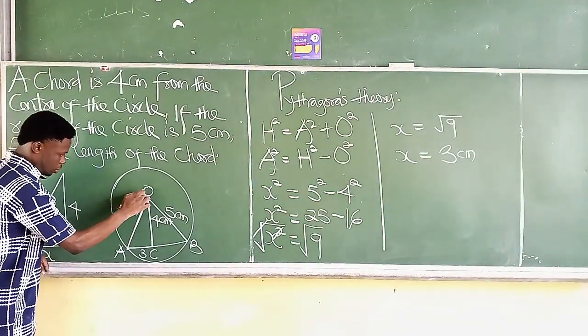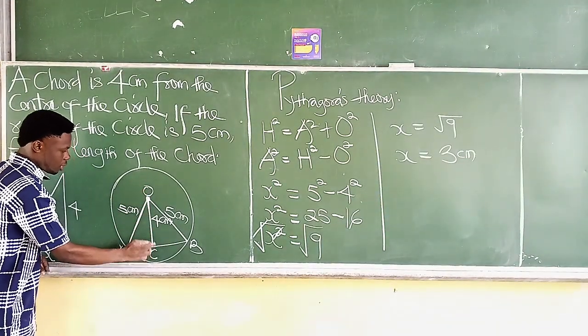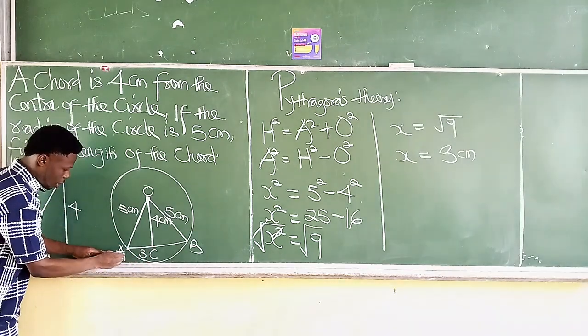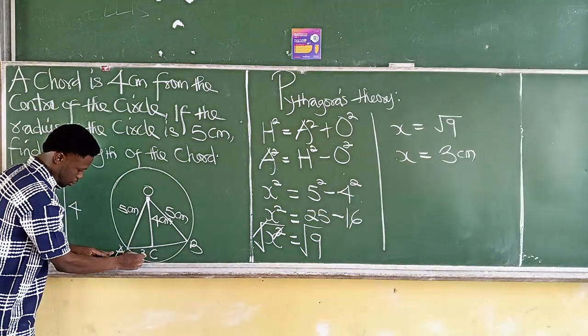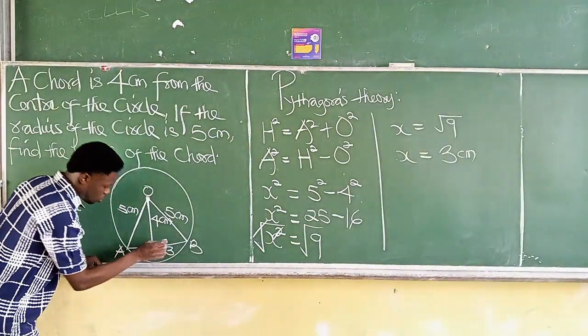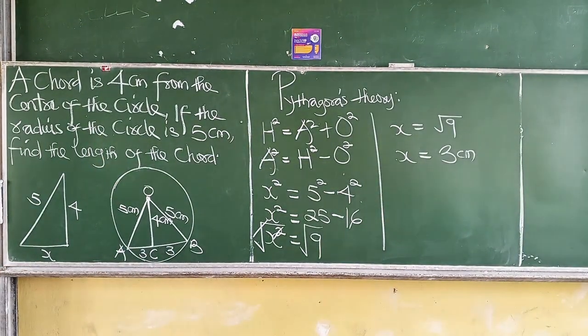Remember, this is the center of the circle. Basically, this is the center of the chord. If this is the center of the chord, then line AC is 3 and line BC is also 3 because they are the same. And the question says, find the length of the chord.